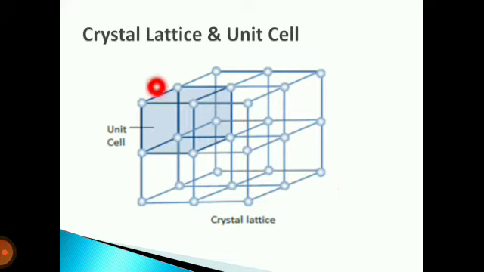So it's an overall three-dimensional structure extending along all 3 axes, and the smallest repeating unit of this crystal lattice is called a unit cell, which is repeated again and again and extended in all directions to build up the whole crystal lattice.